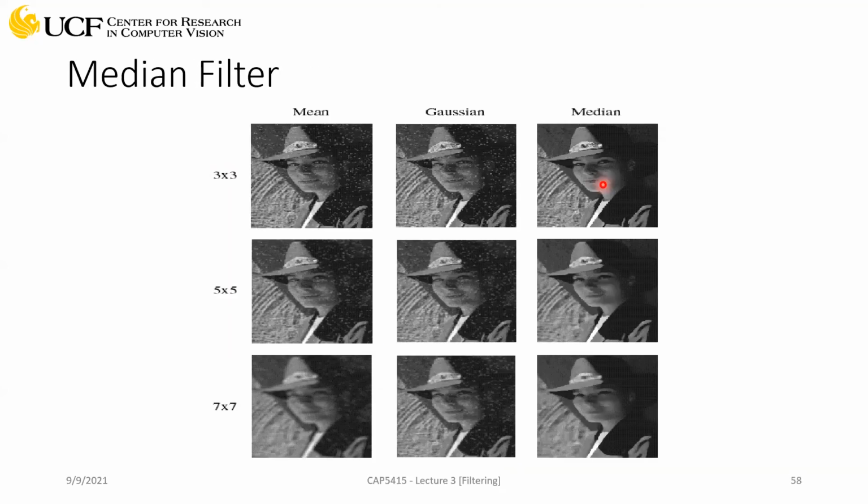Now, one interesting question: if median filtering is that good, why don't we use it? We still don't use median filtering, we still use Gaussian filtering or mean filtering, right? Yeah, this is salt and pepper noise. So who would like to answer this?